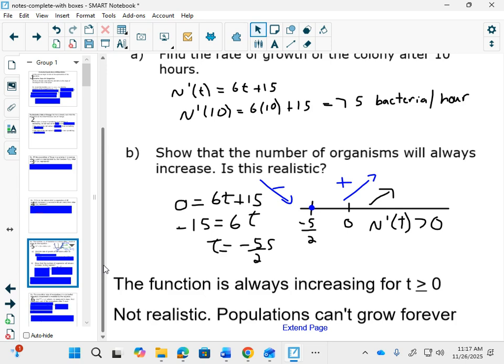Why is this not realistic? Well, eventually you run out of food or something chaotic happens to a population. In fact, they have a branch of mathematics to study this event. Does anybody know what it's called? It's called chaos theory. What happens when things go chaotic? Right?